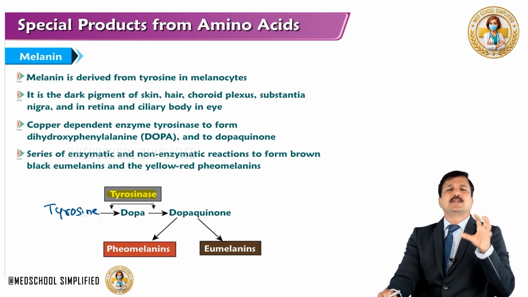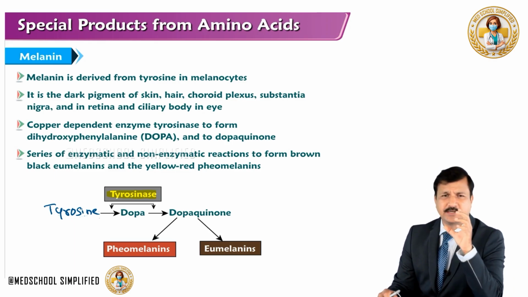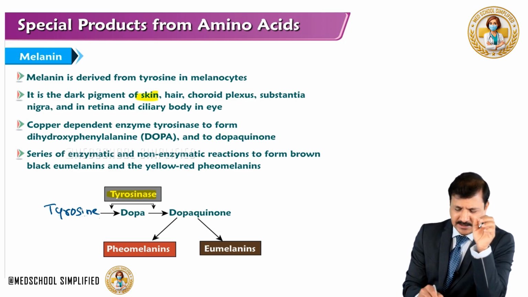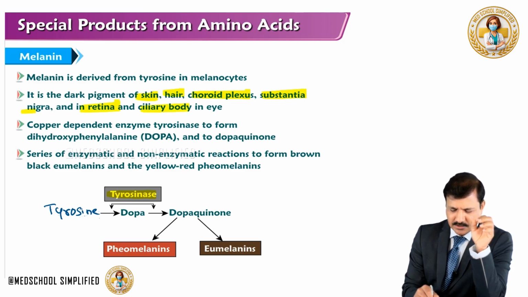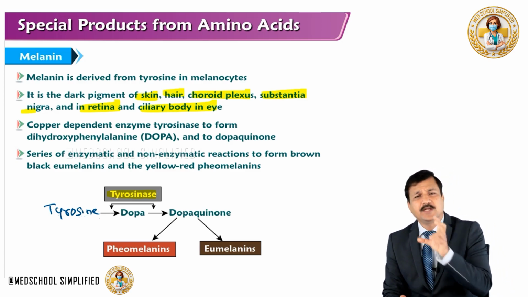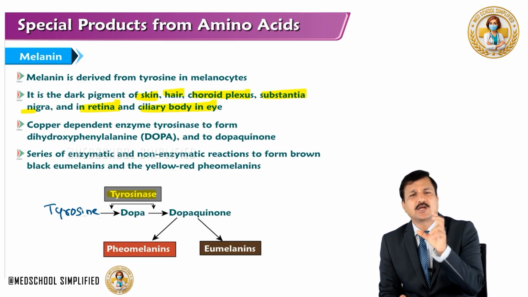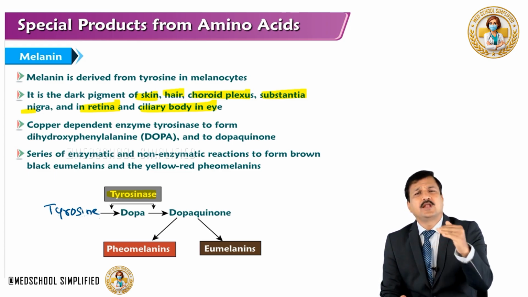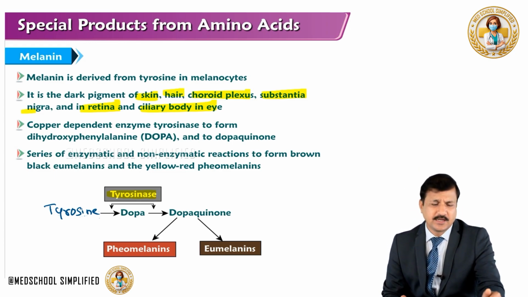That's why the melanin pigment is seen in our tissues, especially the skin, hair, choroidal plexus, substantia nigra, the retina, and also the ciliary body of the eye. The pigmentation of these tissues depends on the concentration of melanin made in these tissues. So the amount of melanin will lead to pigmentation accordingly.